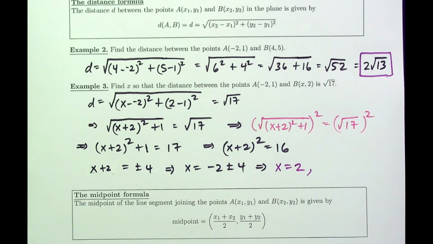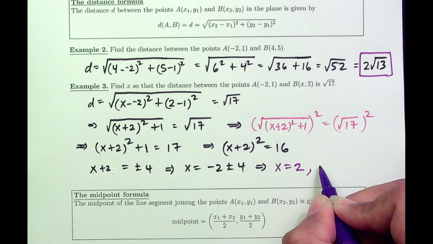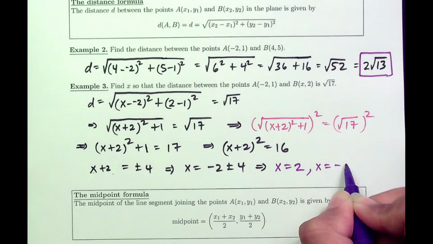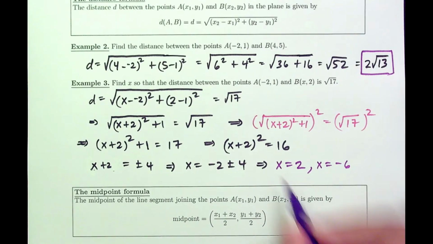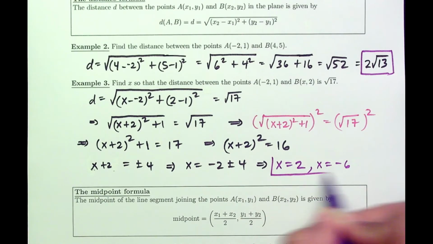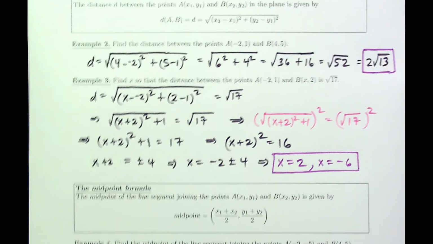And the other possibility is a minus, and -2 - 4 is -6. And you can check that both work. And that's the answer.